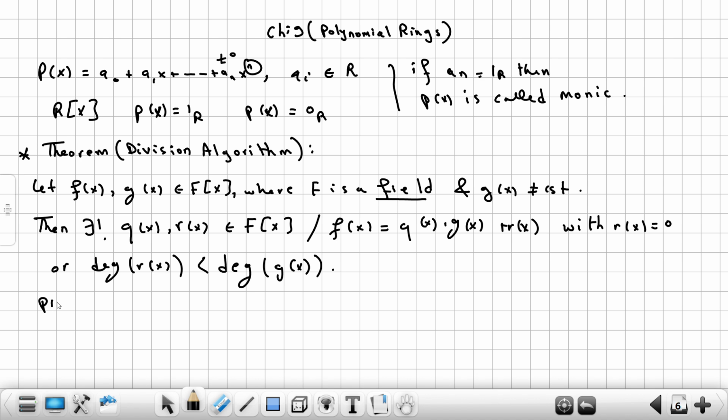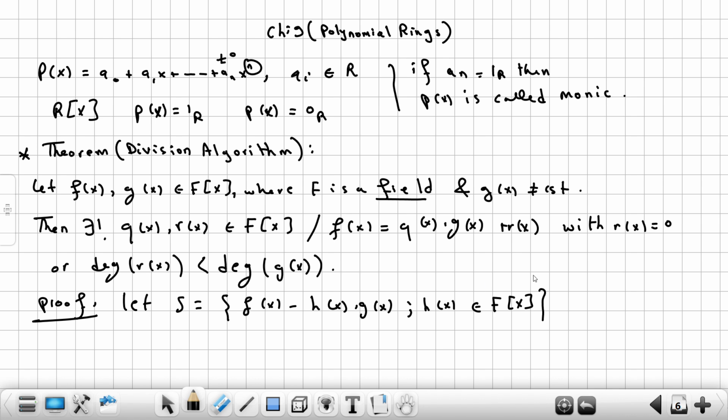So proof. Let S be the set of f of x minus h of x dot g of x, such that h of x is any element in F of x. Now it's clear that S is not empty. Why? f of x is an element of S. Now, if 0 belongs to S, nothing to show.